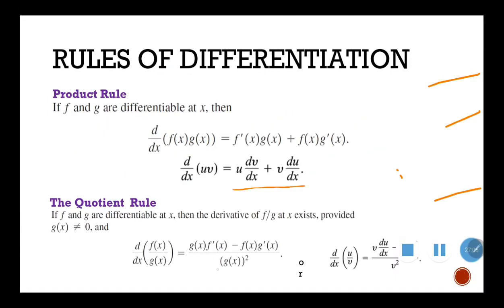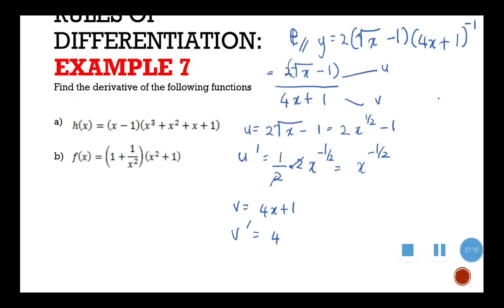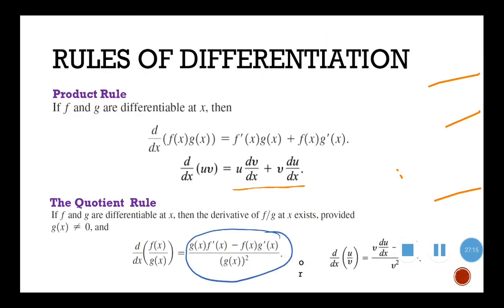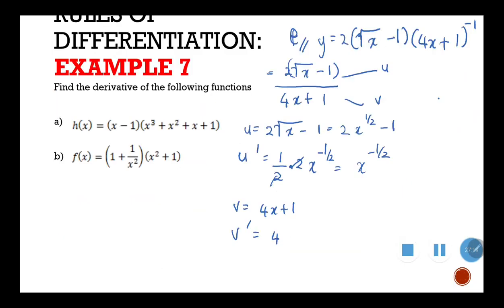This is the quotient rule. The formula is v u prime minus u v prime over v square.